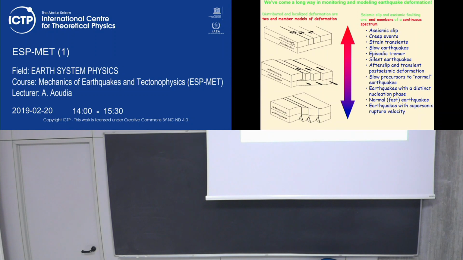Then what would be a super shear earthquake? When the rupture velocity exceeds the shear wave velocity of the media, right? So then a question for you guys is, what is the Vs of the crust? What is the average shear wave velocity that you would expect in the crust? You need to have these values on the back of your mind. 4 kilometers per second for the crust?